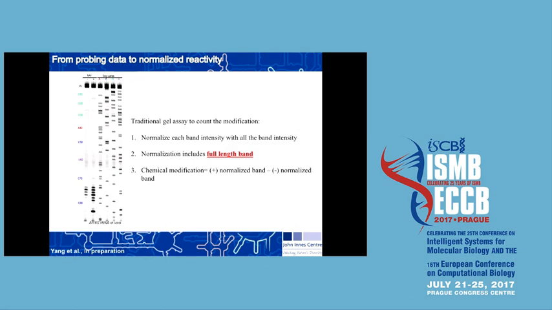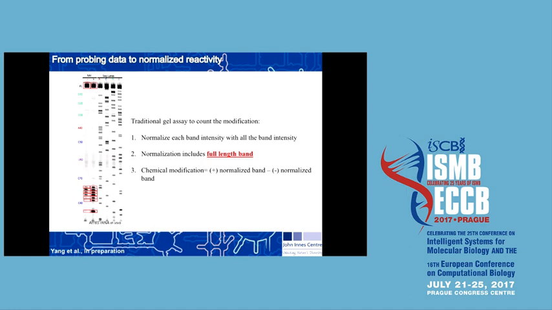The traditional way is to measure each band intensity and normalize to the whole length, all the bands across this lane, and get a normalized intensity. Then you use the plus normalized band to subtract the corresponding minus normalized band, which generates a chemical modification rate.